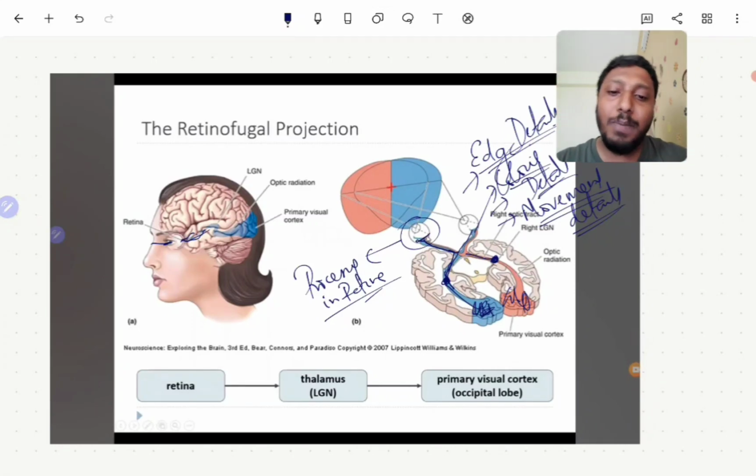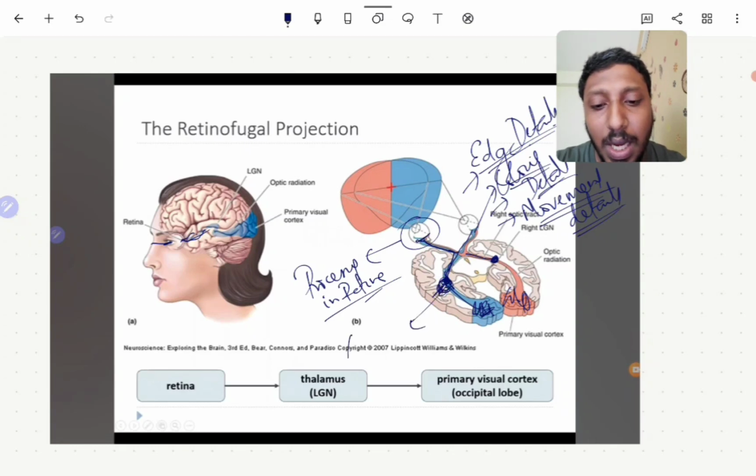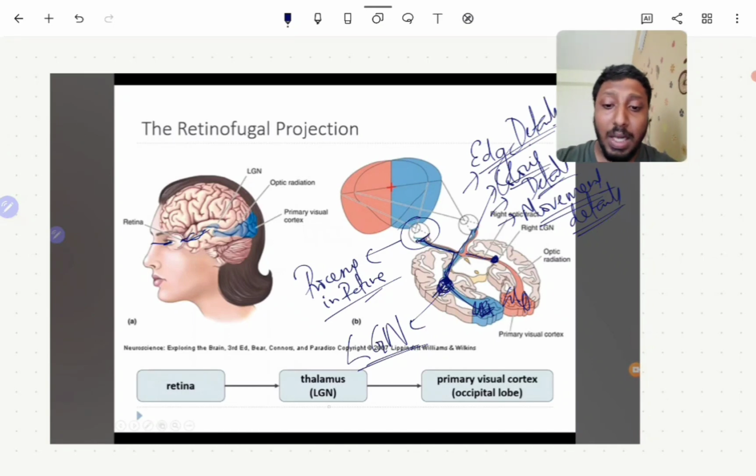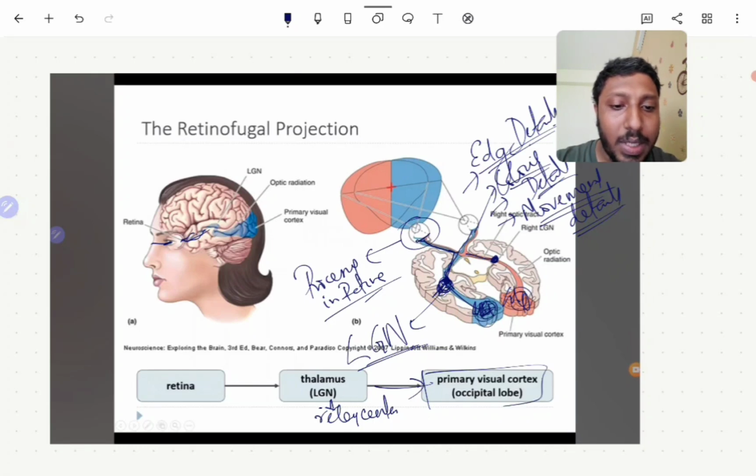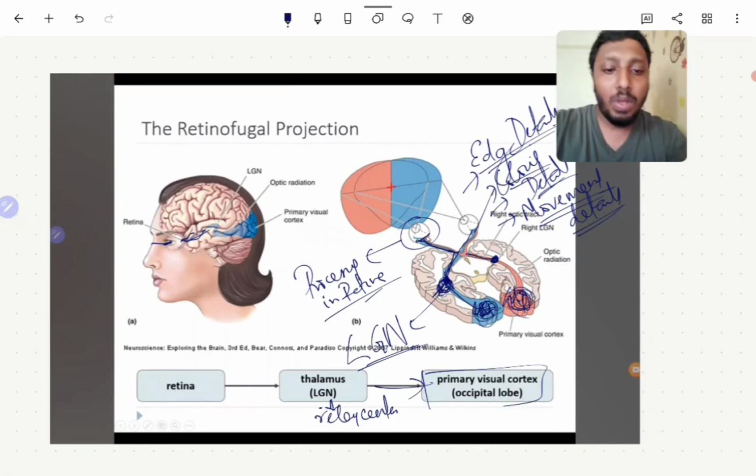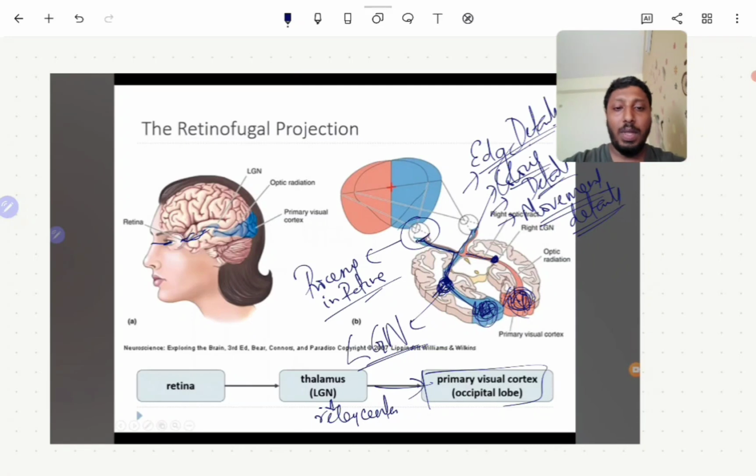It is first processed in the retina, then it goes to the lateral geniculate nucleus, which does not do much processing but is like a relay center. And then it goes to the primary visual cortex. So that's how it goes.